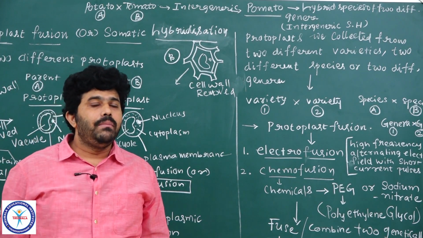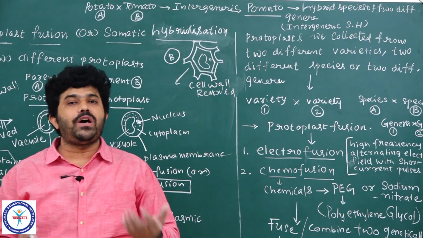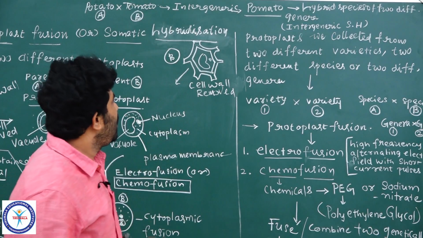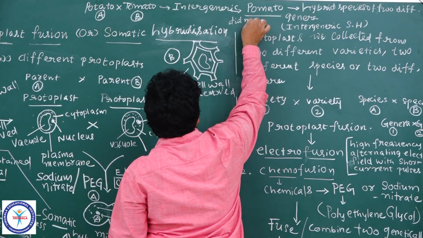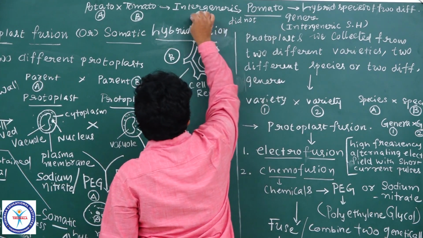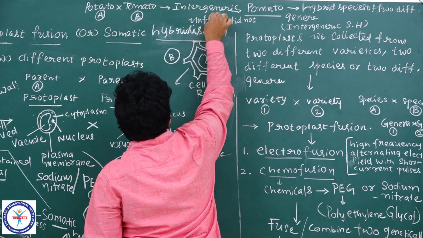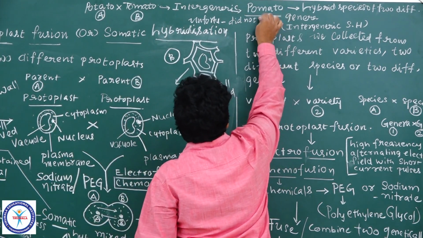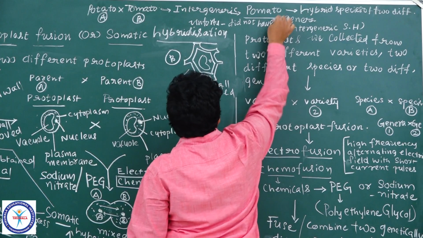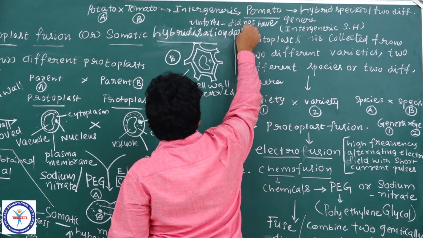This somatic hybrid plant, pomato, was produced successfully, but it did not maintain desirable characters. Note down, students, unfortunately this pomato did not have desirable characters.